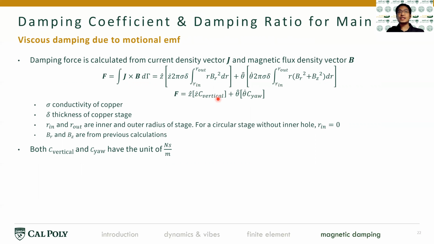Because of this, the damping force caused by the eddy current, or the magnetic damping, can be classified as viscous damping because it depends on the velocity.